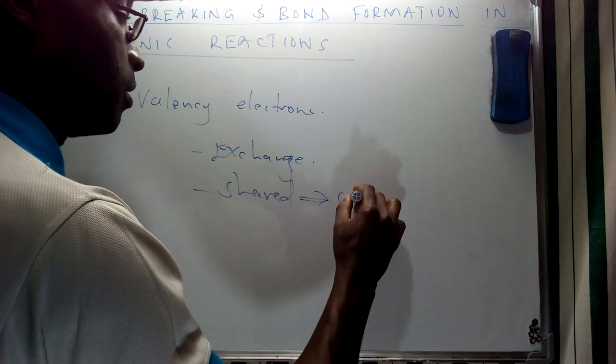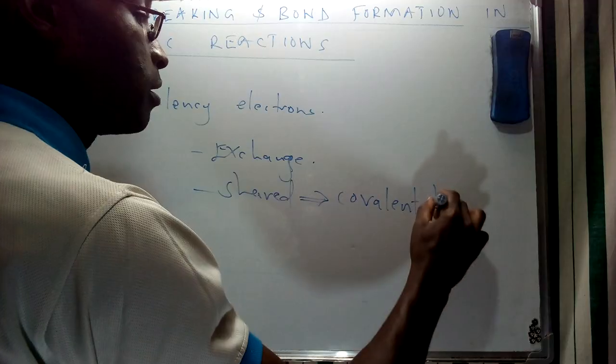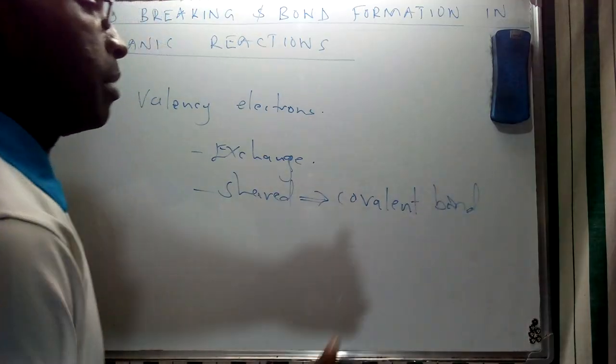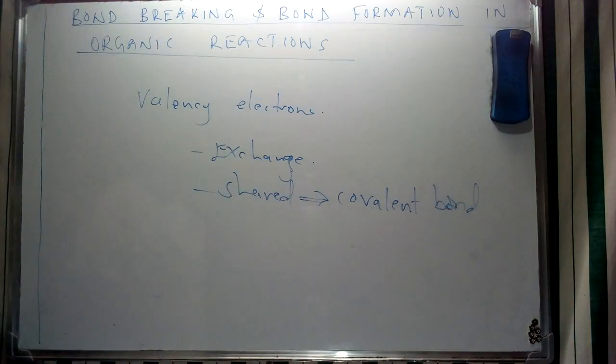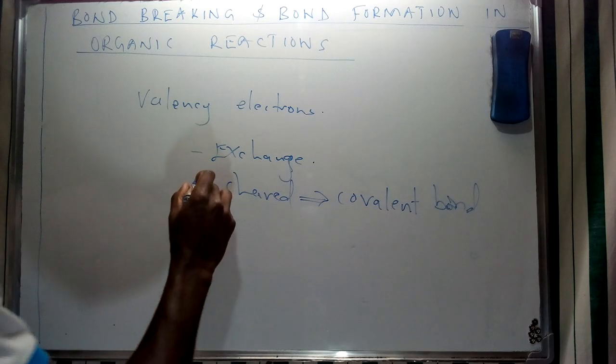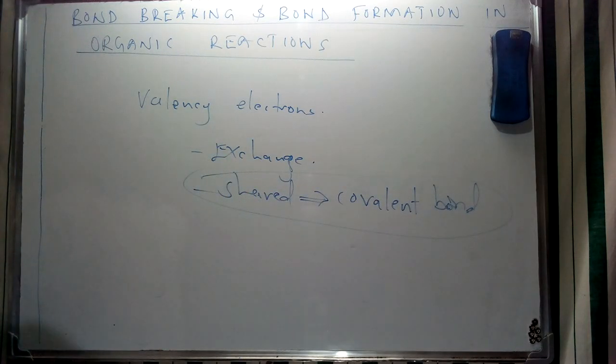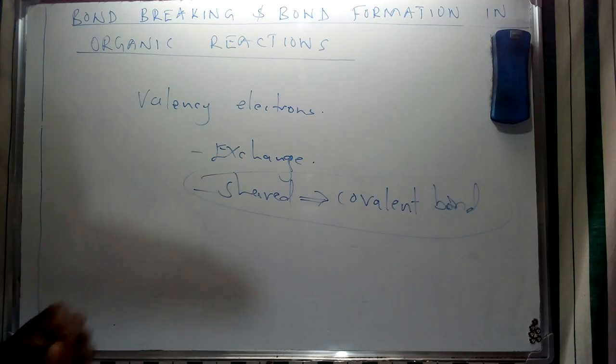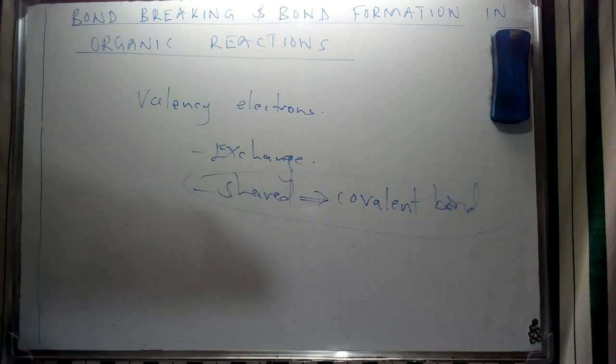And then we see the formation of covalent bonds, which is displayed by much of the organic compound species. So in this particular case, we're going to look at this second aspect and try to see how chemical reactions can be interpreted using bond breakage and bond formation.